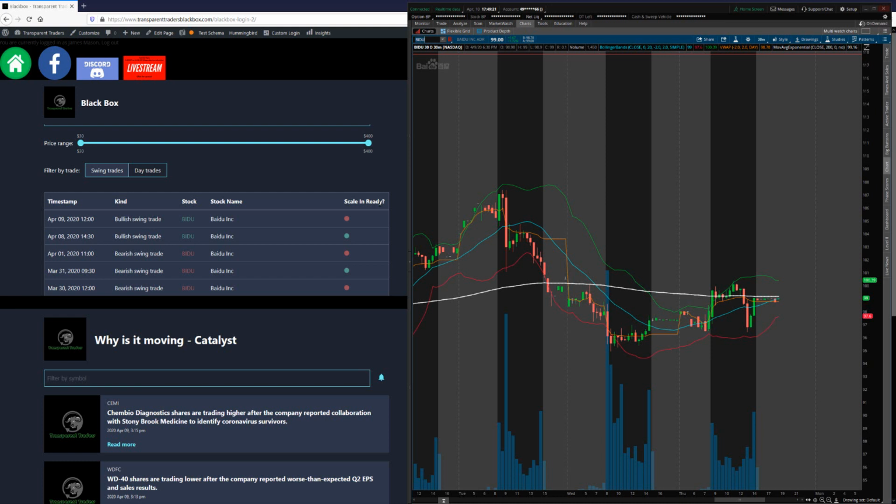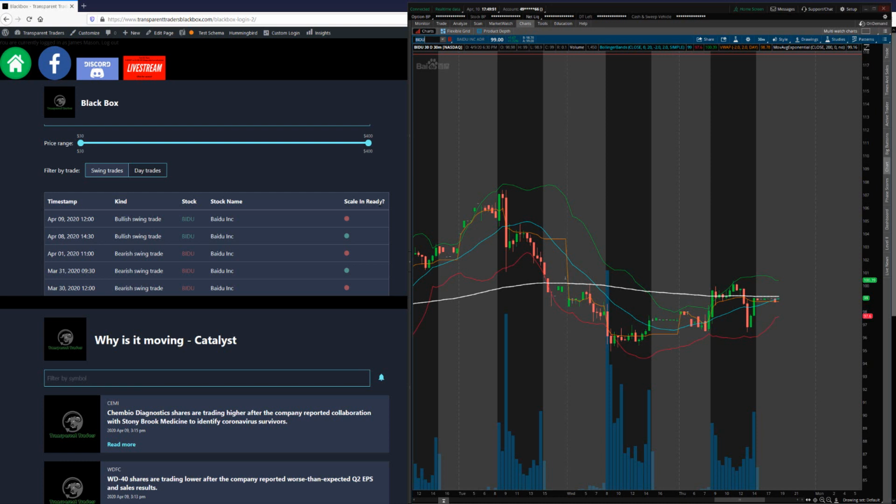And as the creator of the TT Blackbox, if you're swing trading with options, I highly recommend this. The reason being, these swing trade setups can take up to 2 weeks for that setup to actually take place before it breaks out. So you want to buy enough time on your contracts for that to happen.